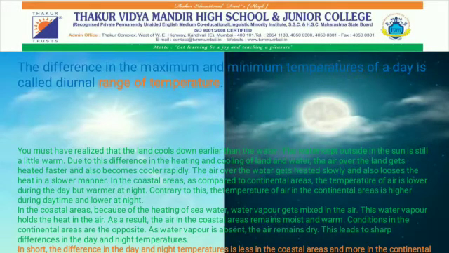You will not perspire. So the conditions in the continental areas are the opposite. As water vapor is absent, the air remains dry. This leads to sharp differences in the day and night temperatures. In short, the difference in the day and night temperatures is less in the coastal areas and more in the continental areas.